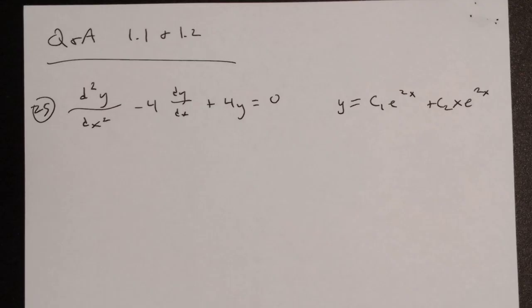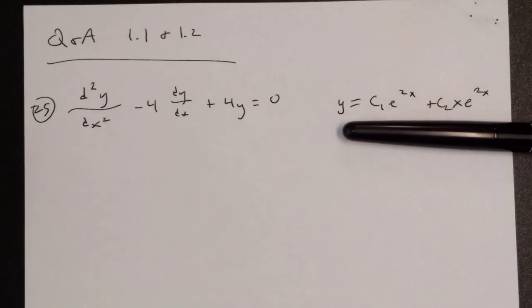So, 2 different pieces here. Check that it works. What's the interval? Just looking at the functions themselves, where are those functions defined? C1 and C2 are constants. So where is that function y defined?